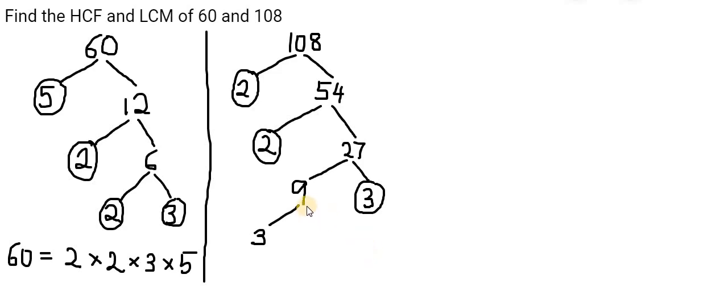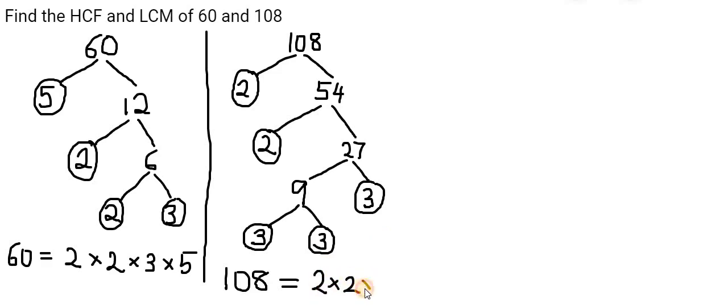Another factor of 9 that goes with 3 to make 9 is another 3. Both those 3's are prime numbers, so we circle them. So 108 as a product of prime factors, we gather all the circled numbers. So 2 times 2 times 3 times 3 times 3.